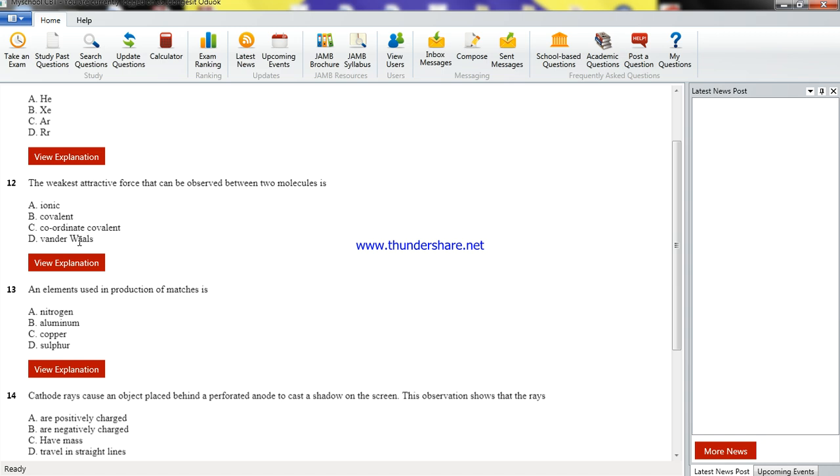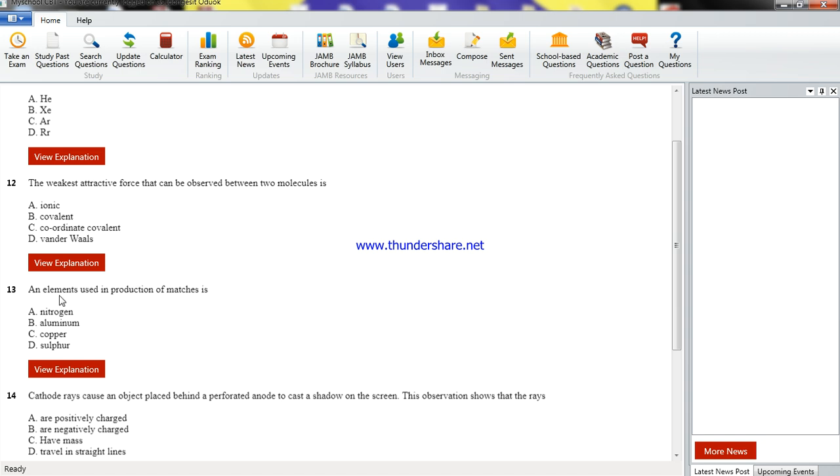It is the weakest attractive force. You have van der Waals force in substances like camphor and ammonium chloride, and all substances that have van der Waals forces tend to sublime. Sublimation is the changing of substances from solid to gaseous state without passing through the liquid state. So D is the correct answer.